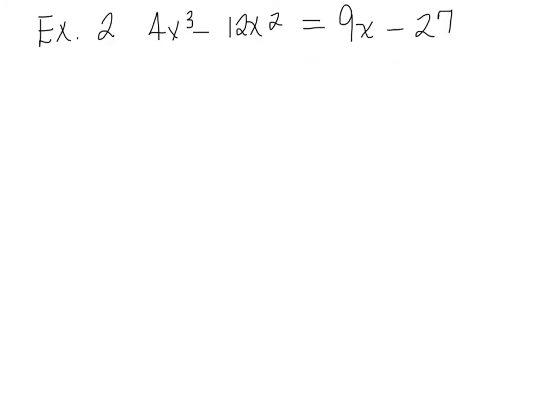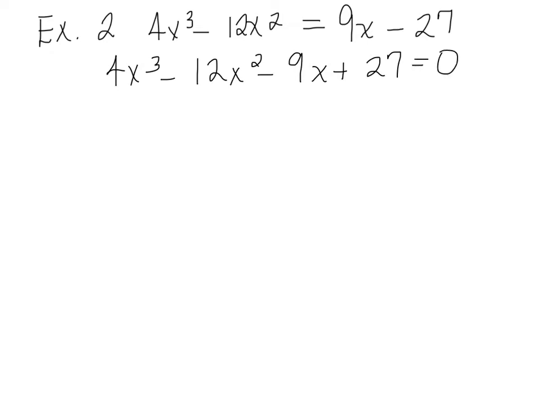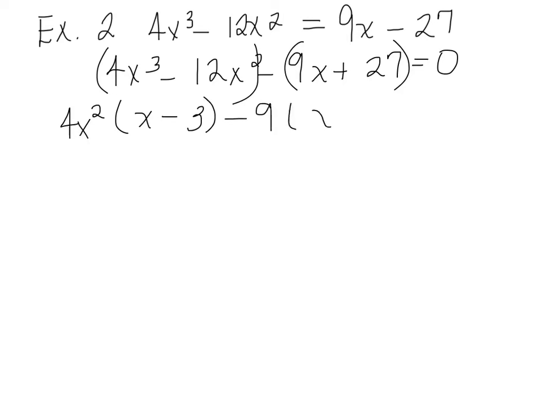Okay, with this example, you want to move everything over so it equals 0 first. And I'm going to do factor by grouping since there are 4 terms. I'm going to take out a 4x squared, and I'm left with x minus 3. Take out a -9, and I'm left with x minus 3.